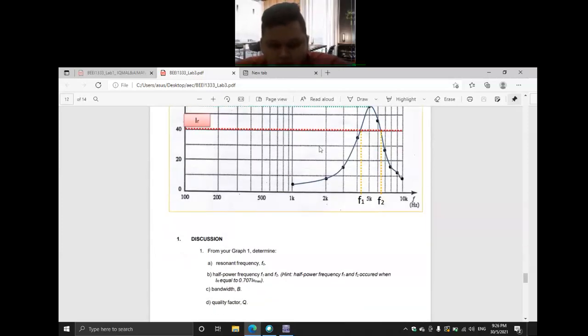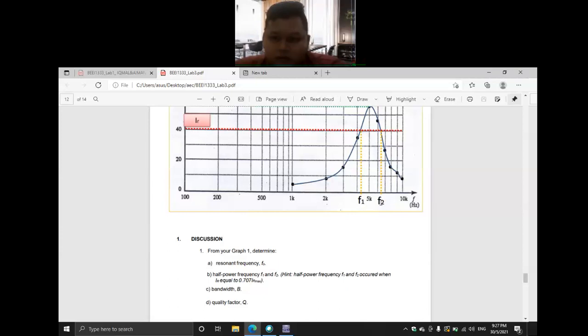For the IR, we use the formula, which is 0.707 multiplied by IR max. We get the value of 40.837 milliampere, and we draw the line at this level. After that, we cut the line down and get the values of F1 and F2.